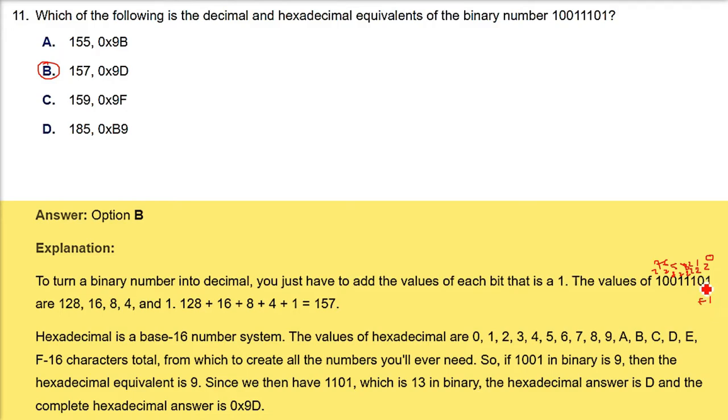Then this one we take as 4. This also is there, so 8, then 16. Then we don't have 32 or 64. We have directly 128. We just add it, and that is going to be 157. That is how the first option has come. For the other options, I have given the explanation as well, so you can just have a look and find it out.